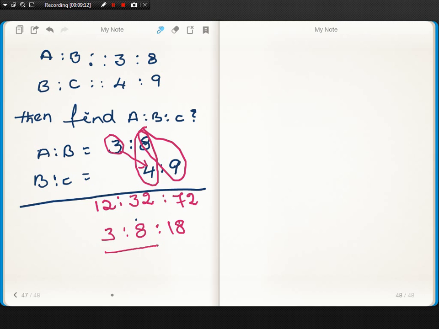This is the A is to B is to C. Because for all the 3 values, the common factor is 4, and 4 goes into 12 3 times, into 32 8 times, into 72 18 times, so that we can find out A is to B is to C easily. Okay, let us go for one more example.